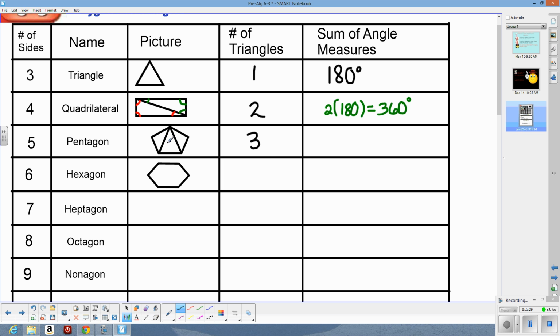If each one of these triangles has angles that add up to 180, we have 180 plus another 180 plus another 180. That'll give us all of the angles of the pentagon together. So that's going to be 3 times 180, which is 540 degrees.